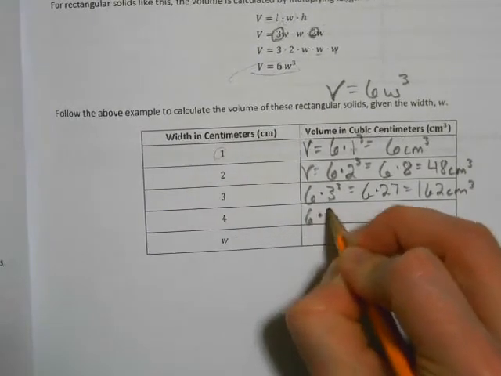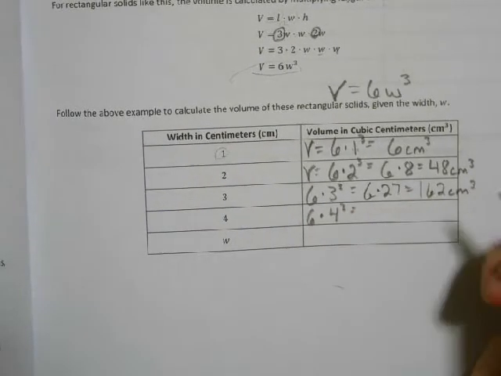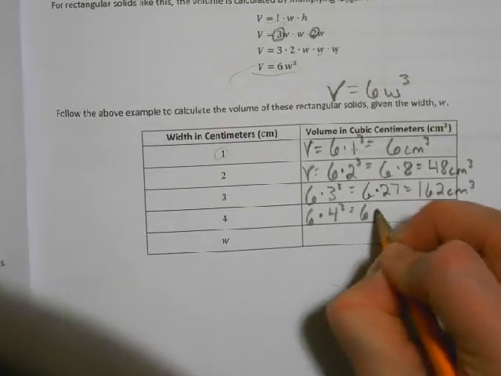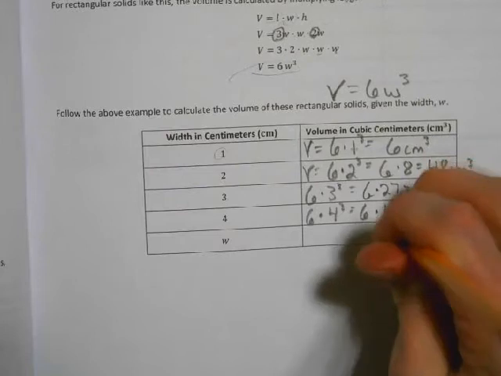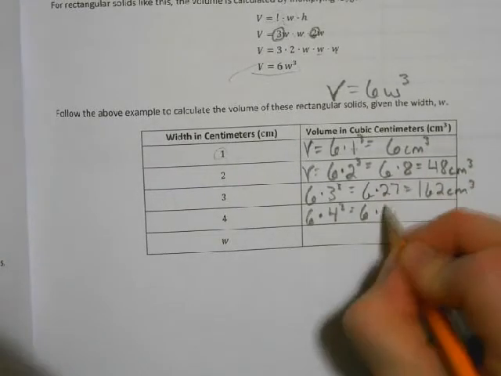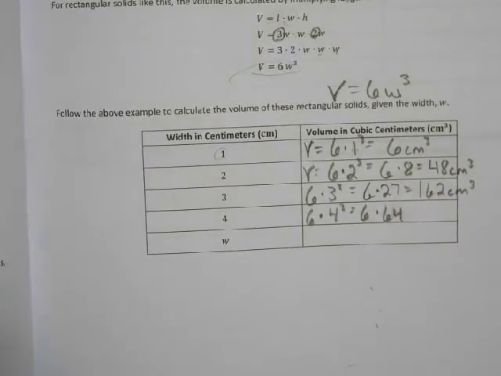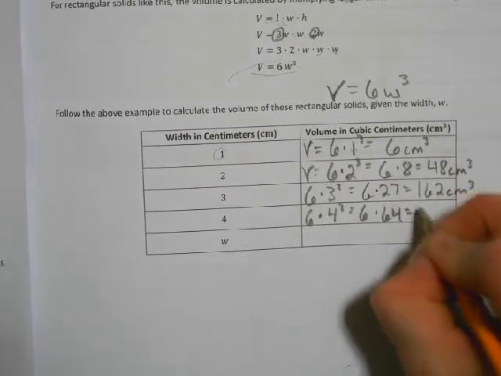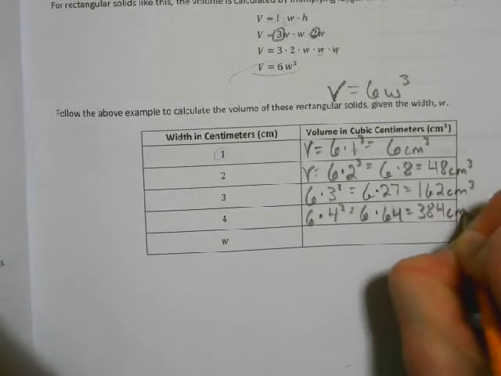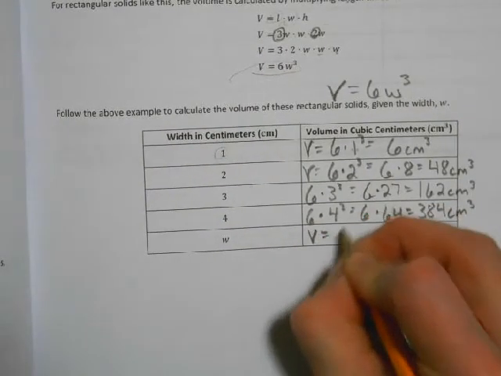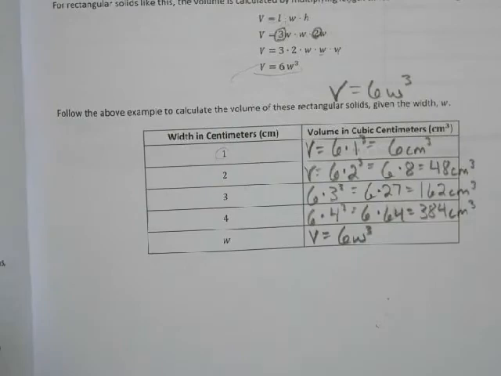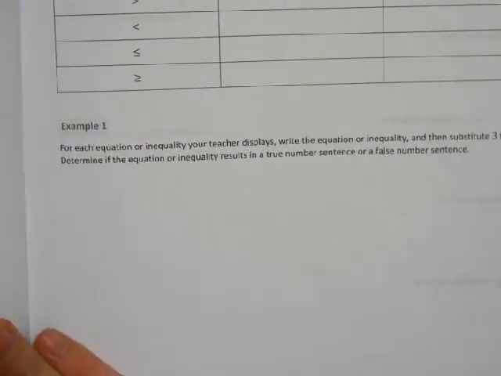Then we have 6 times 4 to the third, which is 6 times 64, I'm sorry, 384 cubic centimeters. And then our expression belongs here at the bottom. Volume is 6W cubed. So what I want you to do is go ahead and work through number 3.